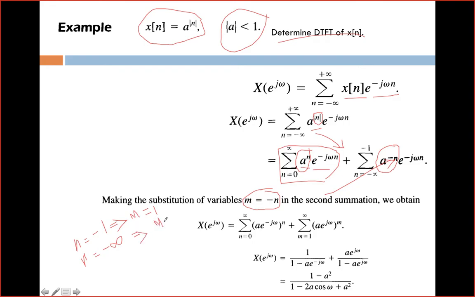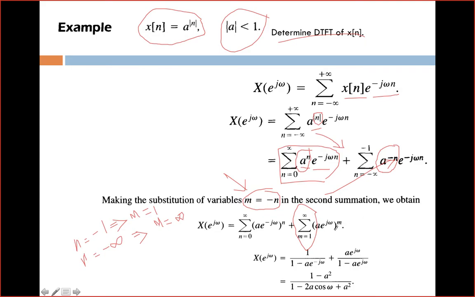I am simply substituting the value of n, so in this equation I get limits from 1 to infinity. I have changed the limits simply by substituting the variable m equal to minus n.